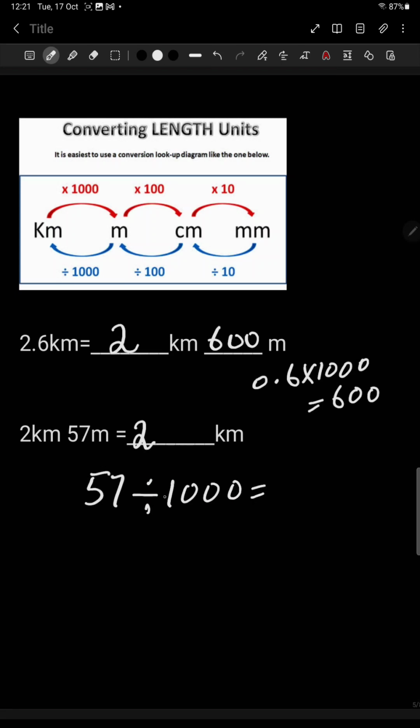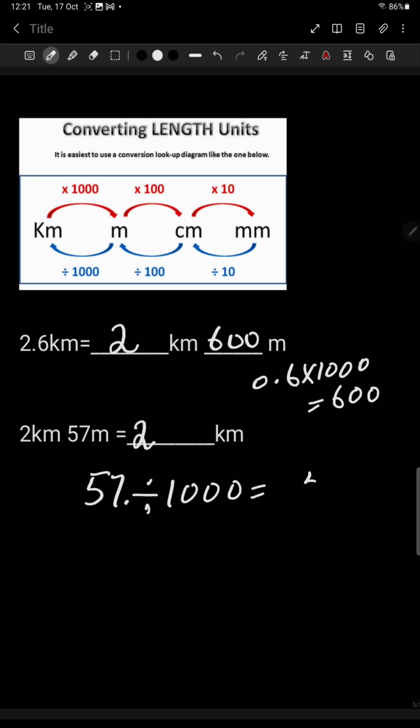So 57 divided by 1000, because from meter to kilometer we are going back. Over here we are supposed to divide by 1000. So 57 divided by 1000 will give us, we will move back the decimal. Decimal will be considered over here, and it will be moved back 3 places.